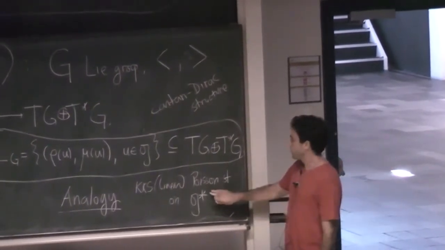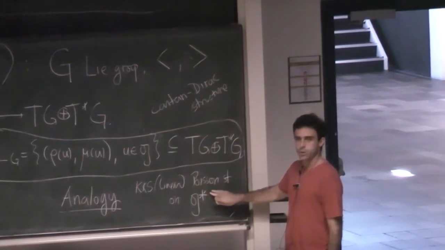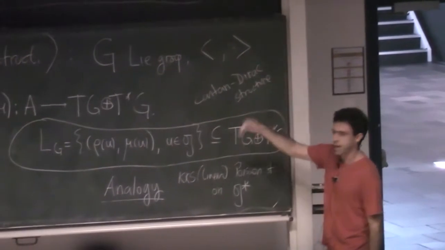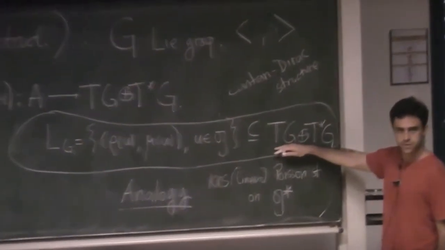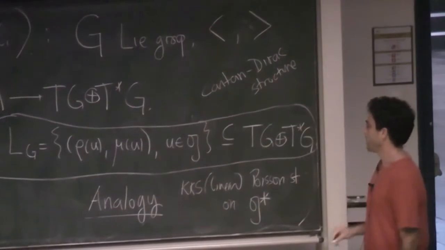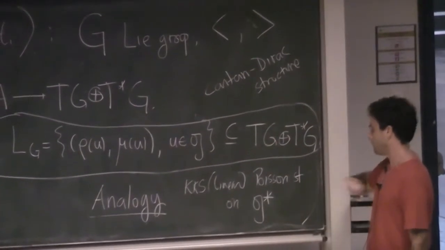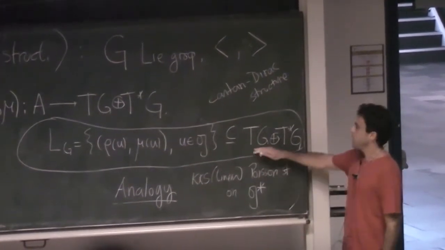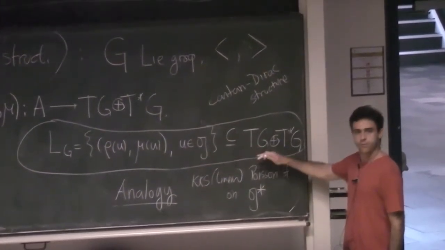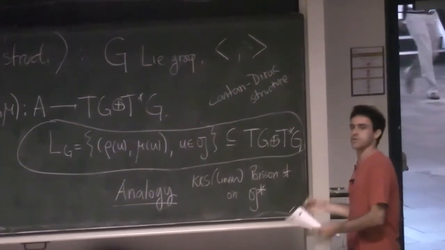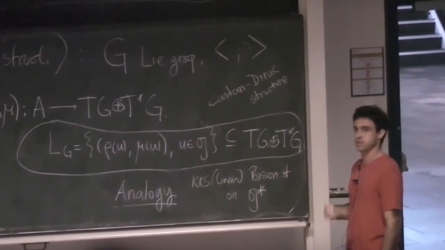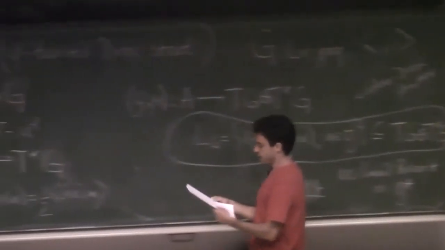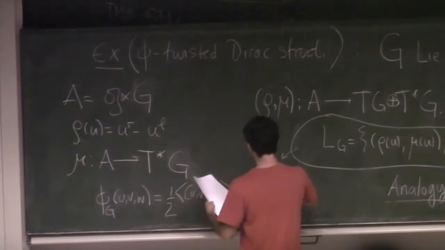Here you have leaves which are the coadjoint orbits. And here you also have leaves, which are the orbits of the algebroid, which are the conjugacy classes of the Lie group. On each leaf you have a symplectic form, as Anton explained. And here, on each leaf, you're going to have a 2-form that is, in this case, not symplectic. It's in general not closed or non-degenerate. But it's a form that already appeared before in the literature.